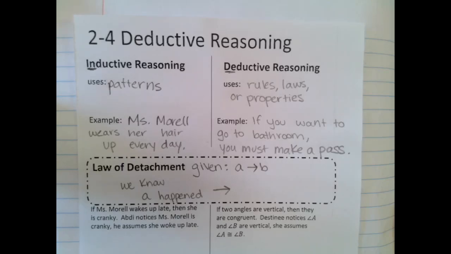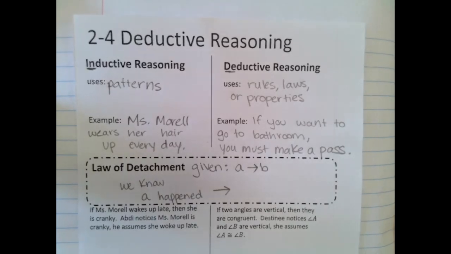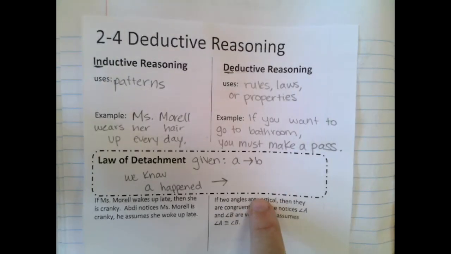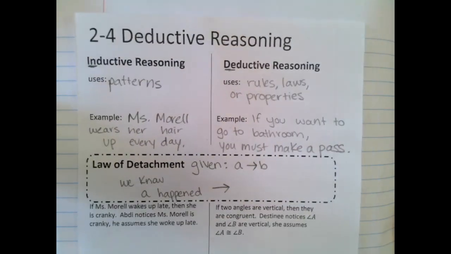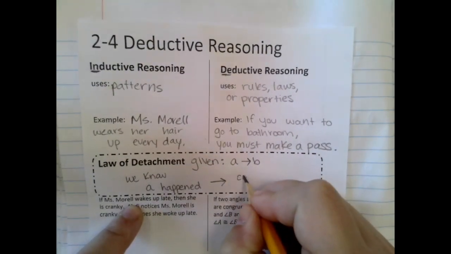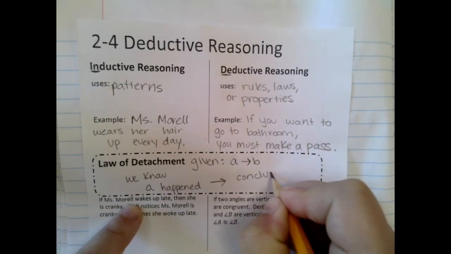So for example, if you know that a B in this class is somewhere between like 82% and 87%, and you come into class and you say, what did I get on my test? I say you got an 86%. That happened. What can you assume now? That you got a B, right? So when we know that A happened, we can conclude that B will happen, or that B already even happened.